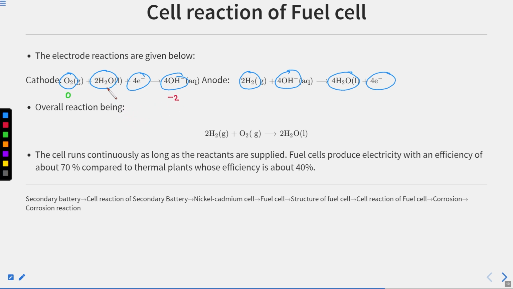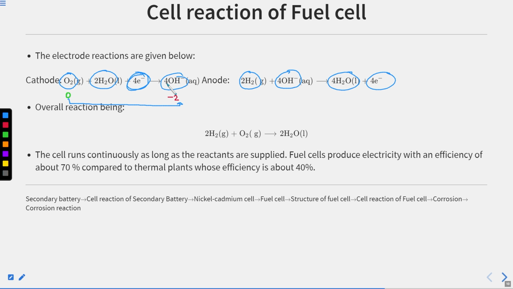Here the water has minus 2. Since 2 oxygen atoms are present, 4 electrons are involved, so that each oxygen can get a charge of minus 2. So this is our reaction on the cathode side.